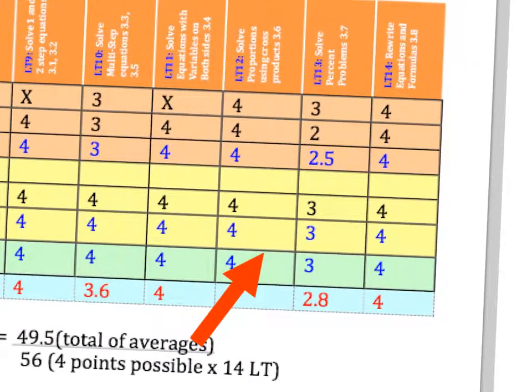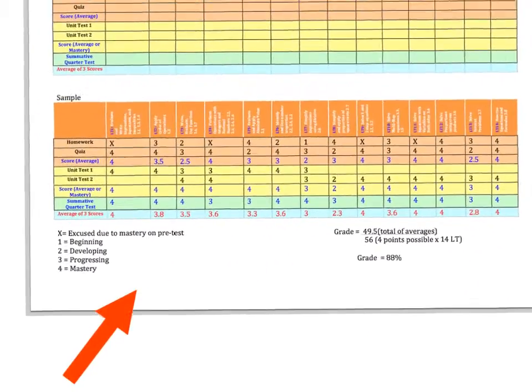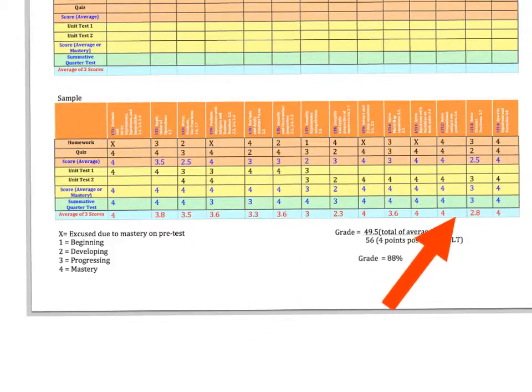Again, this is just a sample of a student. And you'll see at the bottom I have all the averages in red. And then what I've done is simply added up all those red numbers and divided it by 56, which is if you had scored a mastery on all of them, and then figured out a percentage. So this student had an 88%. That would be a grade of a B.